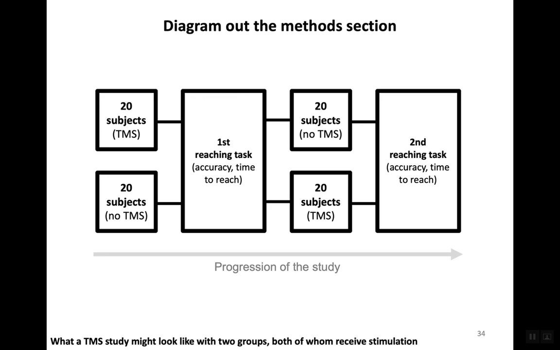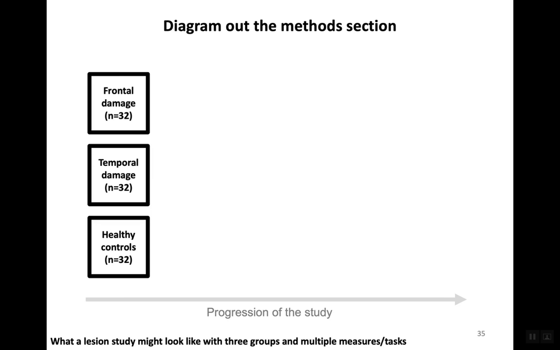Then let's try to make things slightly more complicated. Let's say that we're looking at different types of patients. Let's say that we have frontal damage patients, we have patients with temporal damage, and of course we're also going to have a group of healthy controls, ideally with large and relatively equal numbers across groups.